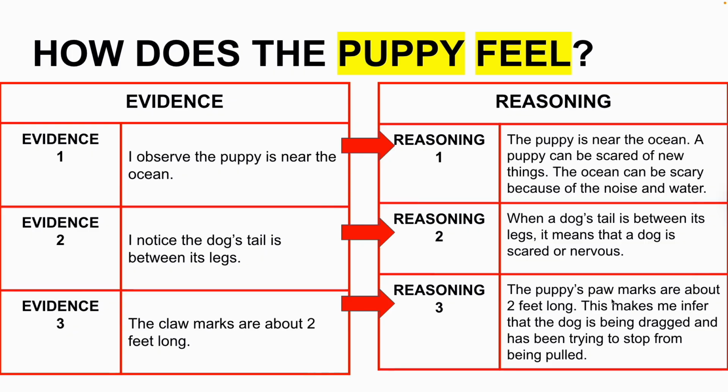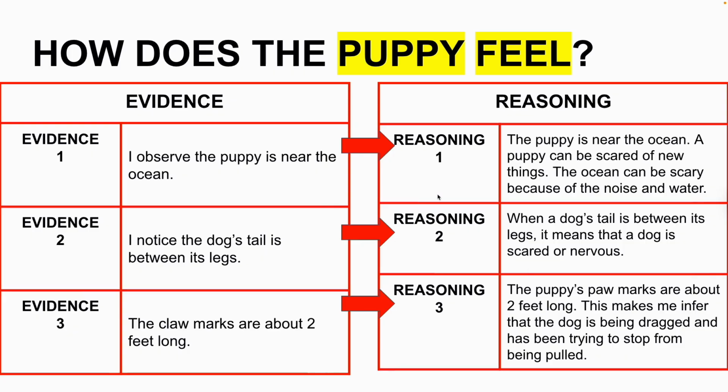So based on my observations, I can tell that the dog is really clamping down to the ground, trying to stop itself, because if it wasn't, there wouldn't be claw marks. Maybe if it was walking, there'd be very short claw marks, but because they're pretty long, about 2 feet long, it shows that the puppy is really digging down into the ground and is being pulled against its will.